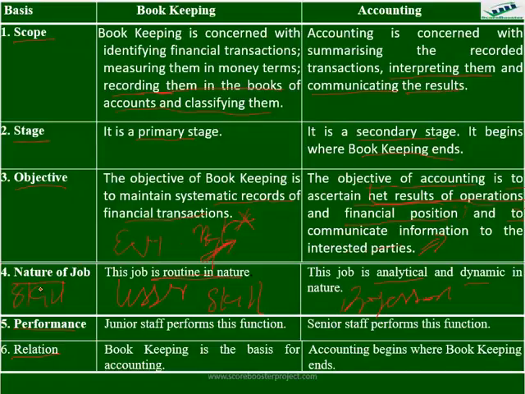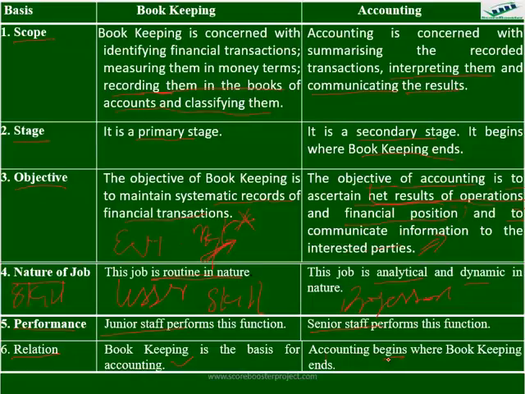You can also look at them from the skill perspective apart from the nature. Then performance: bookkeeping is mostly performed by junior staff, whereas accounting is done by senior staff in the organization. Bookkeeping is the basis for accounting. They are linked. The examiner might also ask us to state the relationship between the two. We cannot have accounting without bookkeeping, because accounting begins where bookkeeping ends.